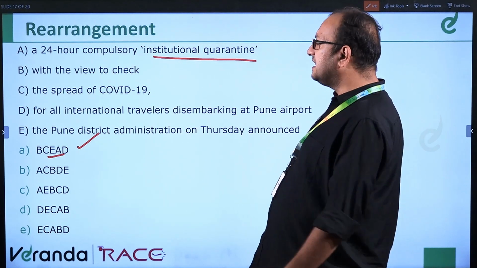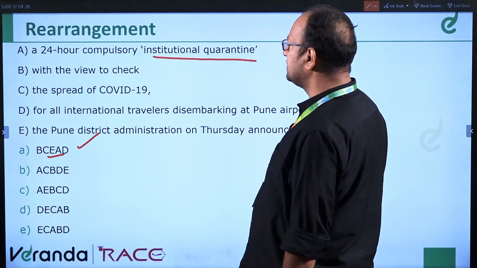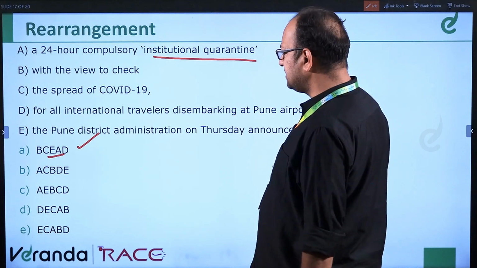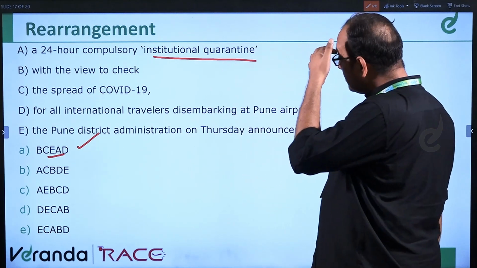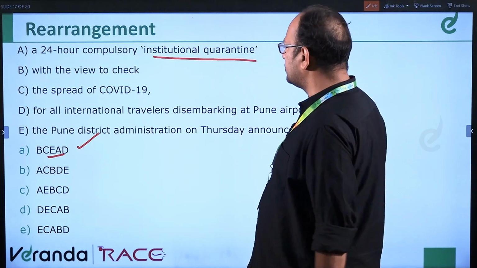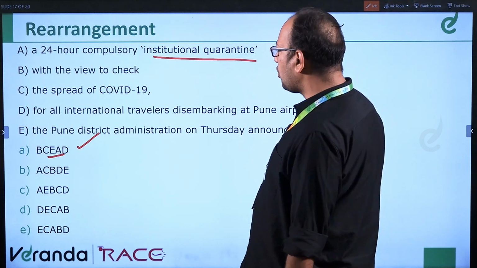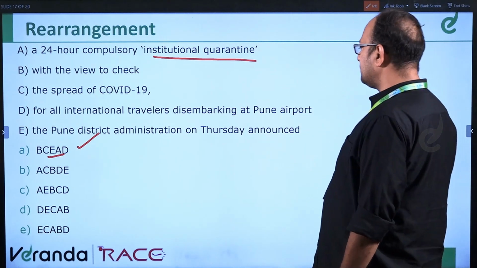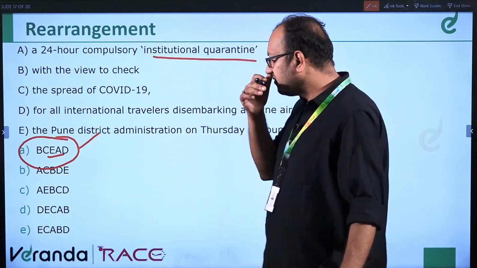Let's check. BCEAD. With a view to check the spread of COVID-19, the Pune administration on Thursday announced a 24-hour compulsory institutional quarantine for all the international travelers disembarking at the Pune airport. Correct answer. I'll read it again for you.